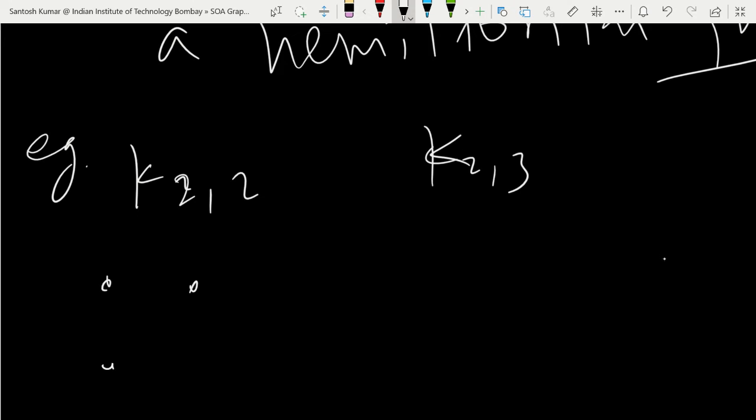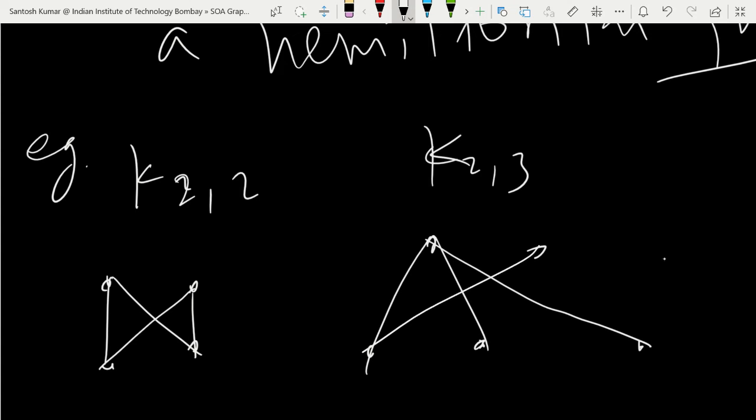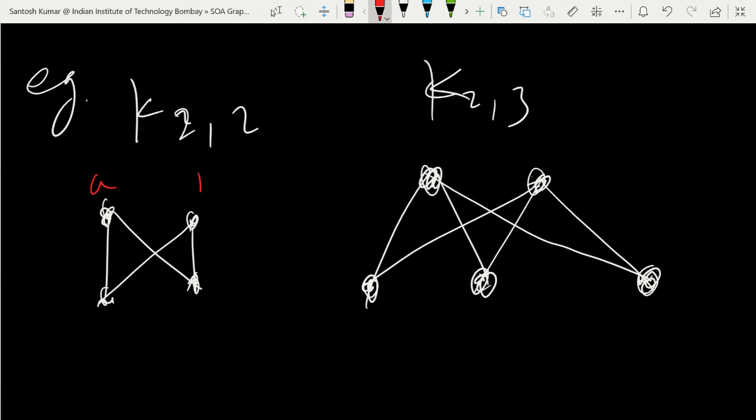So K22 is Hamiltonian and K23 is not Hamiltonian.